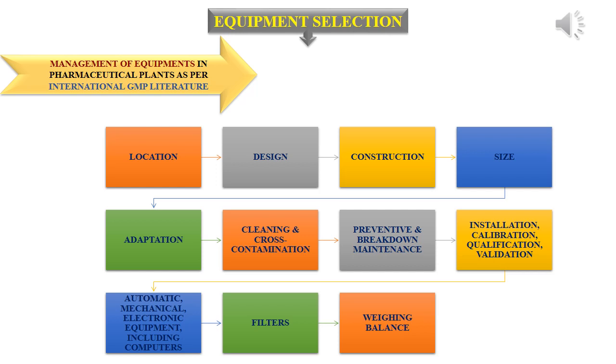They are location, design, construction, size, adaptation, cleaning and cross-contamination, preventive and breakdown maintenance, installation, calibration, qualification and validation, automatic, mechanical, electronic equipment including computers, then filters, weighing balance. These are the different aspects of equipment management in a pharmaceutical plant according to international GMP literature.